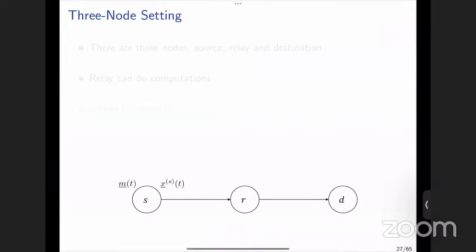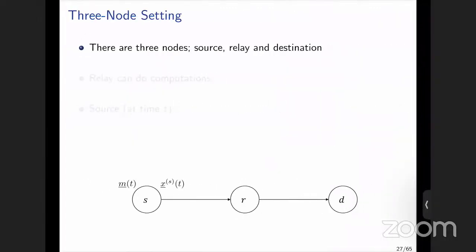So now it's time to finally introduce the 3-node setting. So far we have been talking only about the point-to-point setting, where there is a single source and a destination, and the source was sending packets to the destination. What's the 3-node setting? It's simple. You have basically 3 nodes: a source, a relay, and the destination.